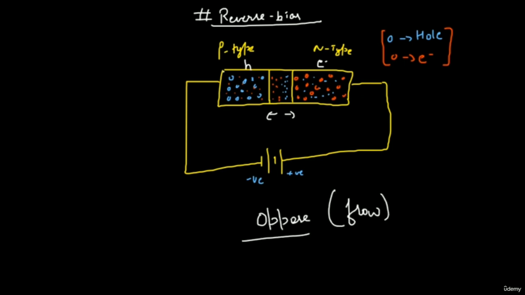It can be the current or the electron. They are technically the same because they both flow in the same wire. One is traveling in one direction, and the other is produced in the opposite direction of the electron. If the electron is flowing like this, the current is coming like this. So these are technically pretty much the same. We are going to compare that in the next one.